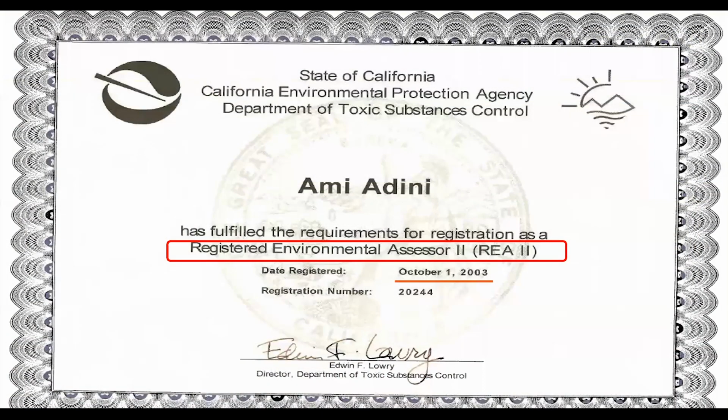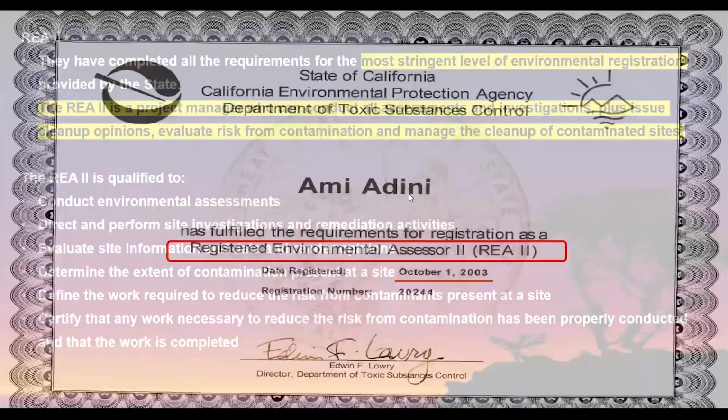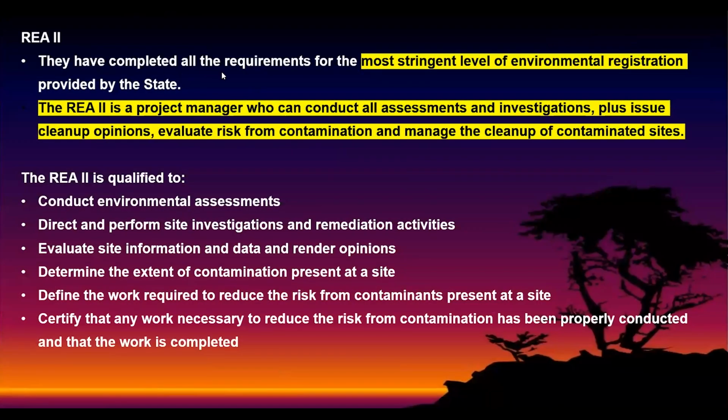The state of California at one time awarded me the Registered Environmental Assessor Level 2, REA Level 2. With that registration, they said that I have completed all of the requirements for the most stringent level of environmental registration provided by the state.